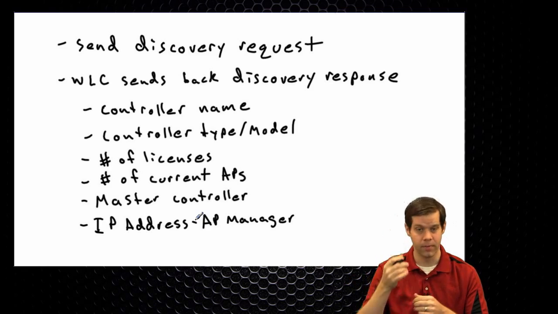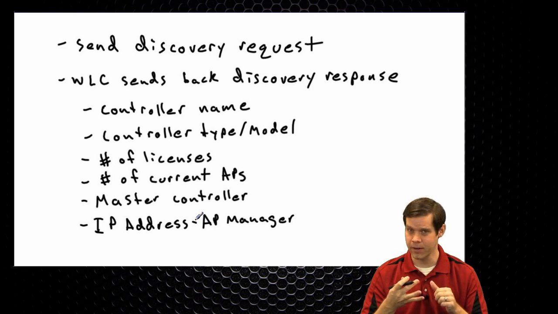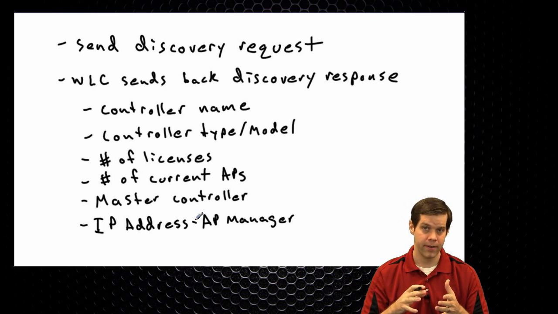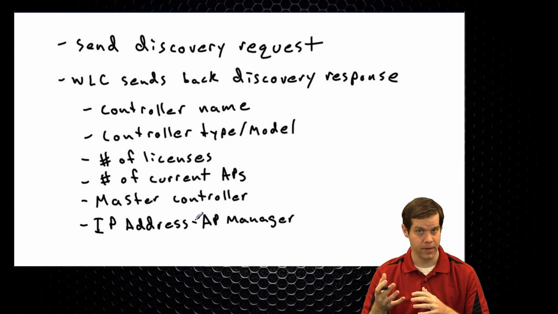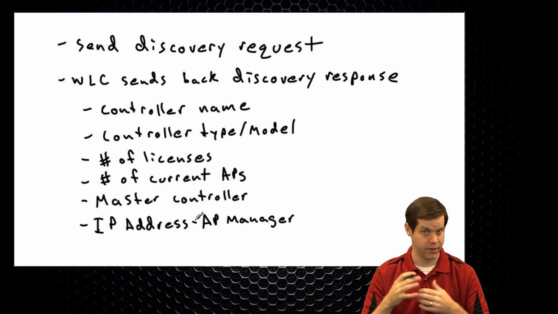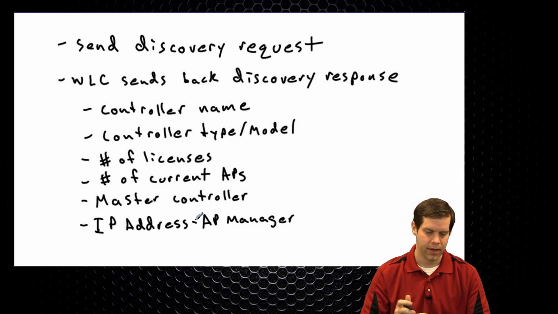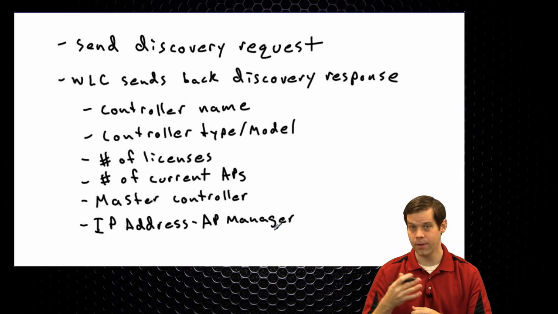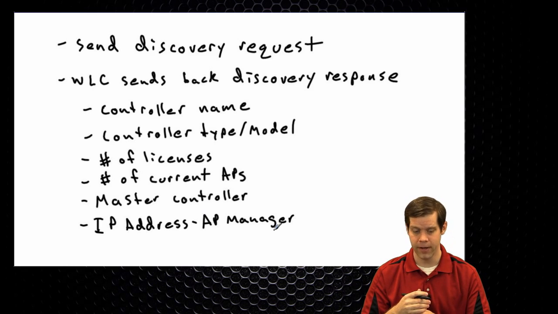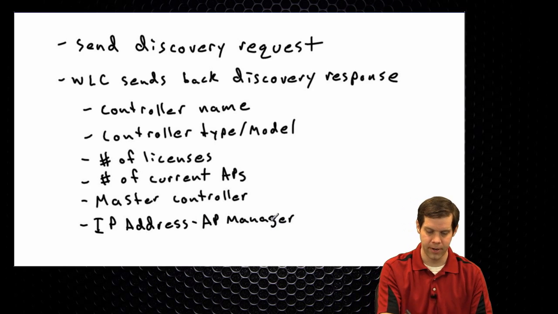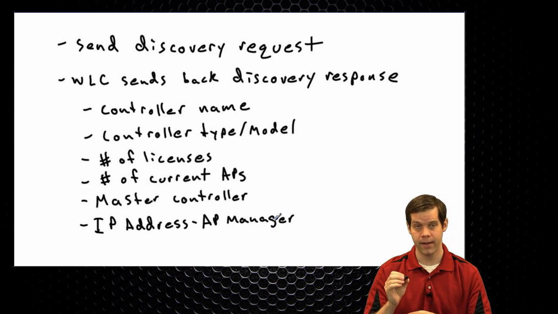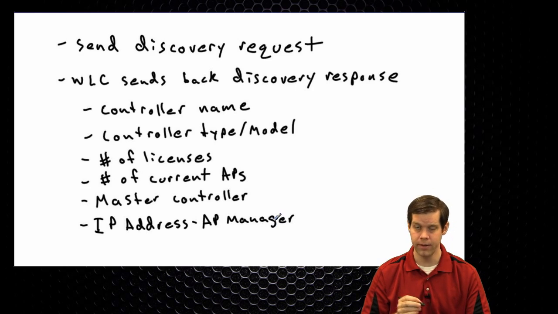On newer controllers, so pretty much anything currently selling today, 2500s, 5500s, those other ones, the management interface inherited the ability to be an AP manager. It can or cannot be, it's optional, or we can have additional multiple AP manager interfaces. So depending on the controller you're on, this AP manager IP address might also be the same IP address as the management interface, but technically it's the IP address of an interface that has the AP management functionality on it.